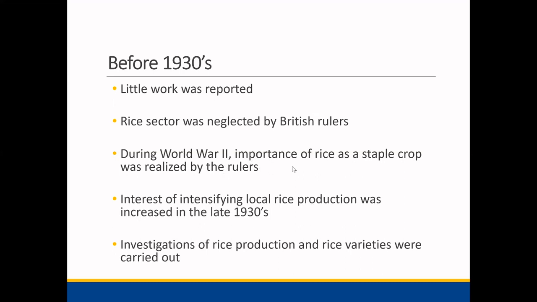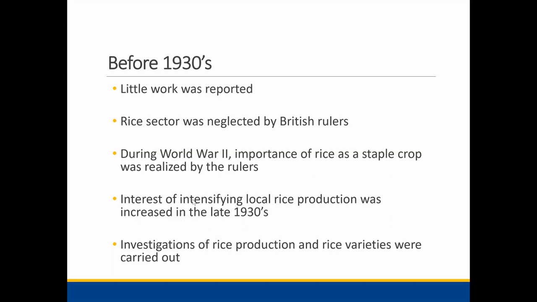So they realized it was better to improve the local production of rice. So interest in local rice production intensified in the late 1930s.